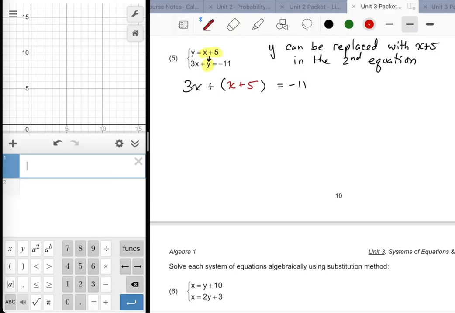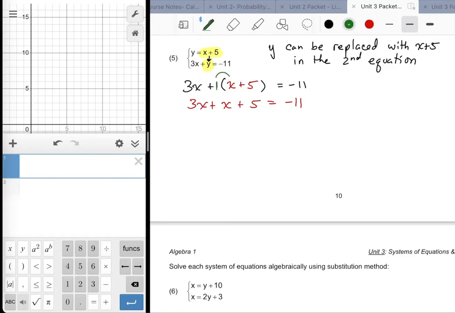The parentheses don't really need to be there because we're adding in parentheses. So it's really the same as saying 3x plus x plus 5 is equal to negative 11. They would need to be there if there was a minus, so I always throw them in anyway. But you probably learned this in the past. If it's plus parentheses, you just drop the parentheses. The rationale behind that is there's an understood 1 in front of the parentheses.